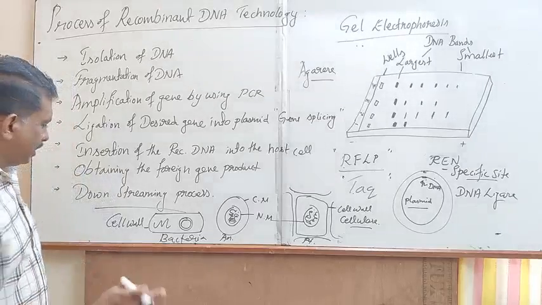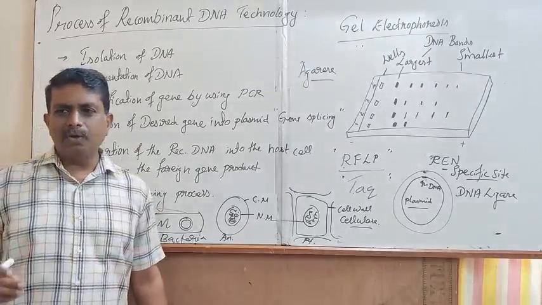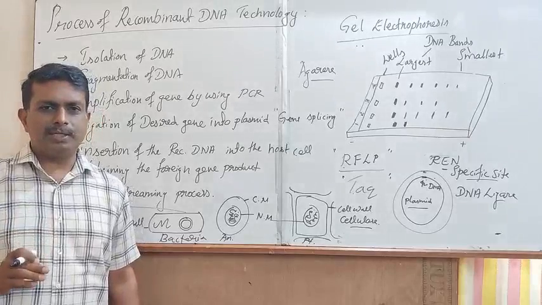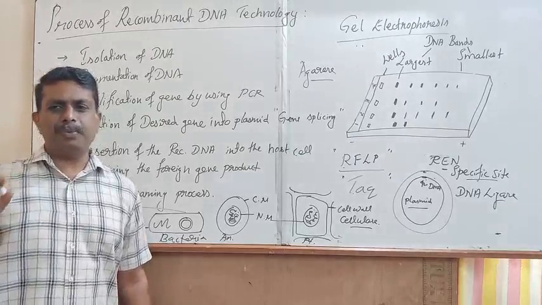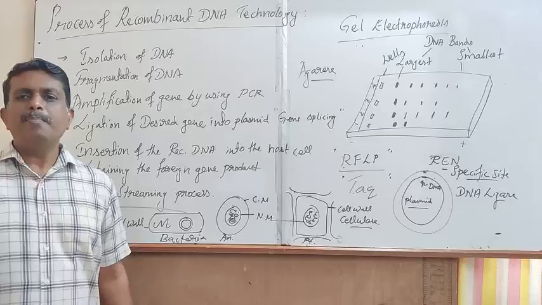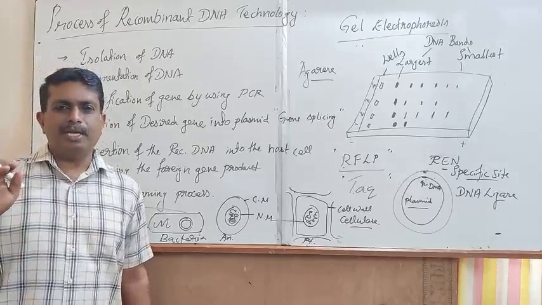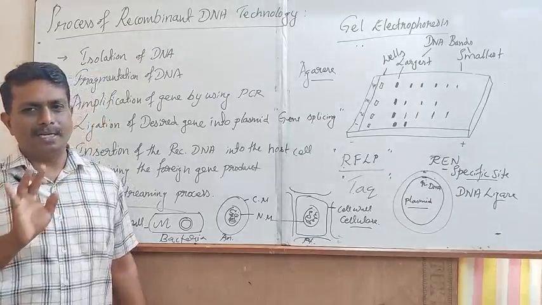The last important step involved in the recombinant DNA technology is called downstream processing. Downstream processing is defined as the process of recovery of a product from bioreactors by using the recombinant DNA technique.